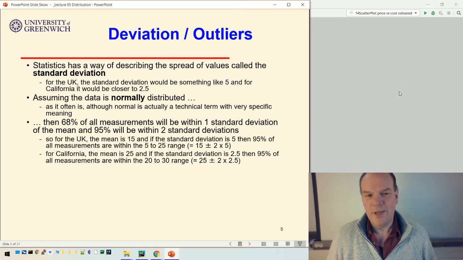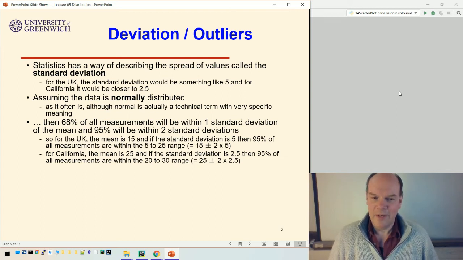So if you think about the UK, if the mean is 15 and the standard deviation is 5, then 95% of all measurements are in the 5 to 25 range. 15 plus 2 standard deviations is 25. 15 minus 2 standard deviations is 5. So if you've got a normal distribution, 95% of those values are going to be between those two things.